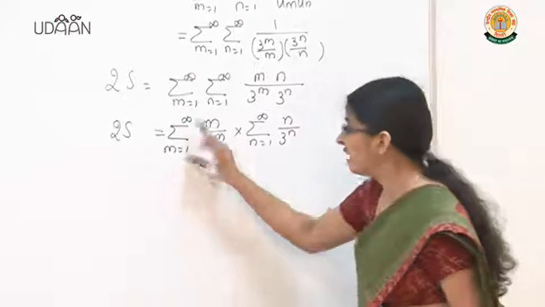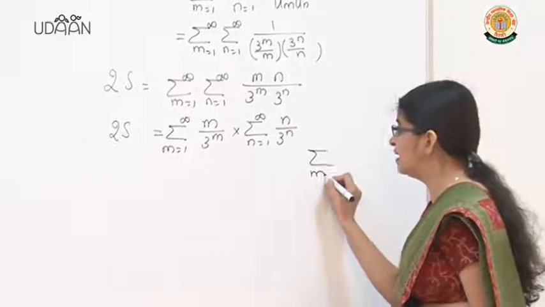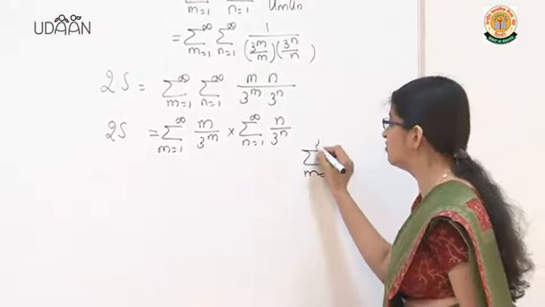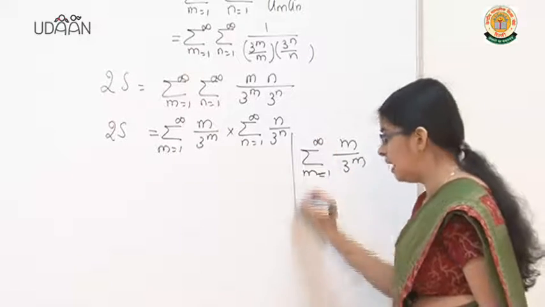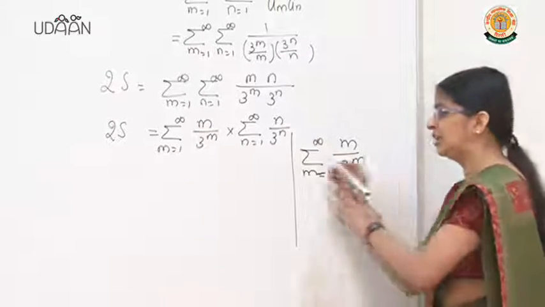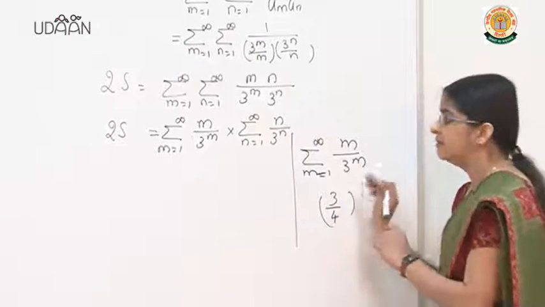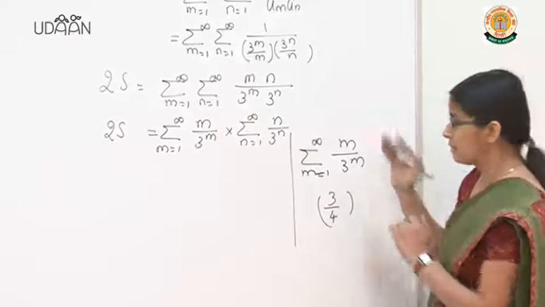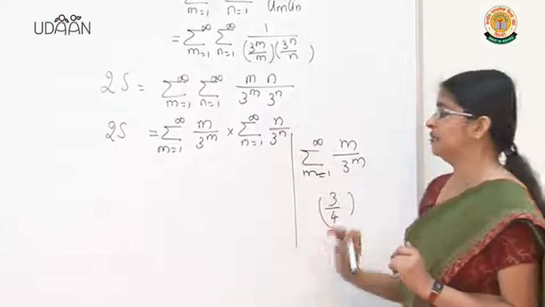Now we have to find the value of these two sigma, that is sigma m equal to 1 to infinity of m divided by 3 power m. Calculation is left for you. Evaluate this, the answer comes to 3 by 4. Do check it. We have done 2 questions of this type. Now you do it on your own. Similarly, the second sigma also will be 3 by 4.